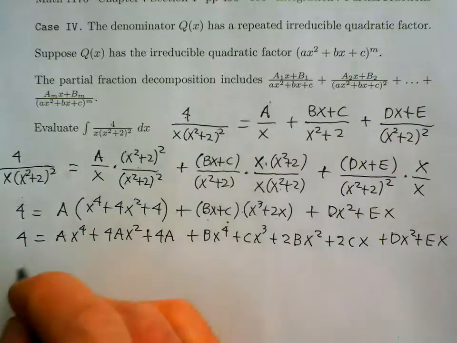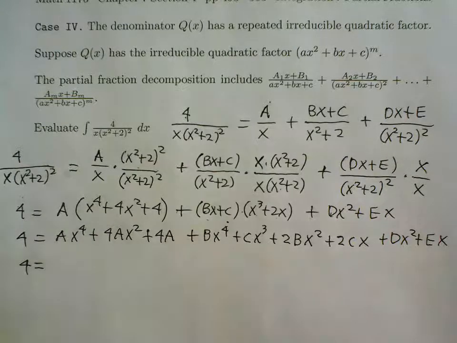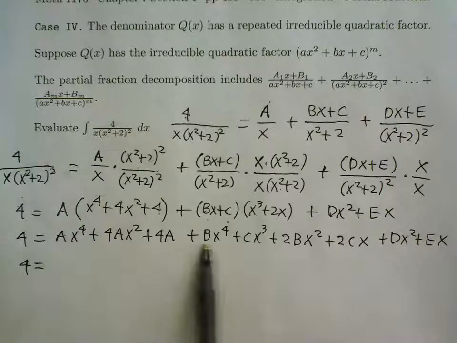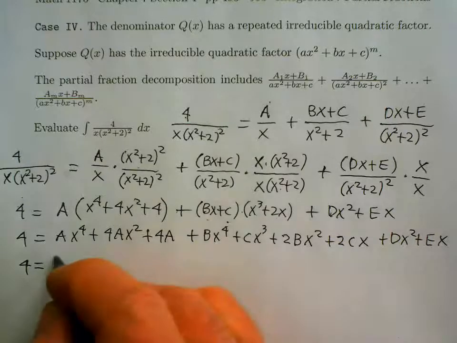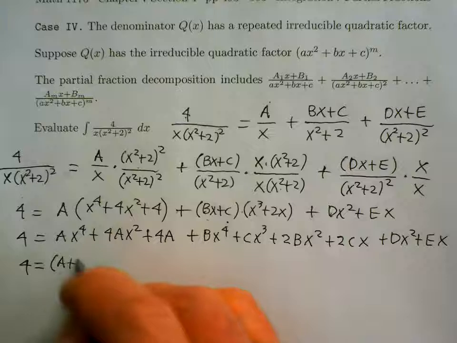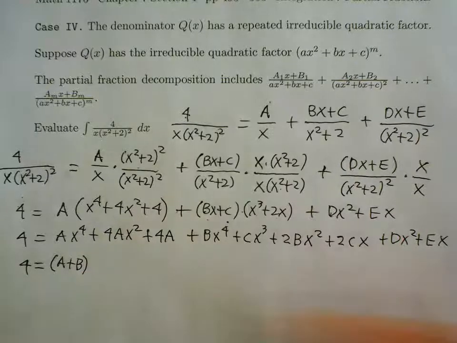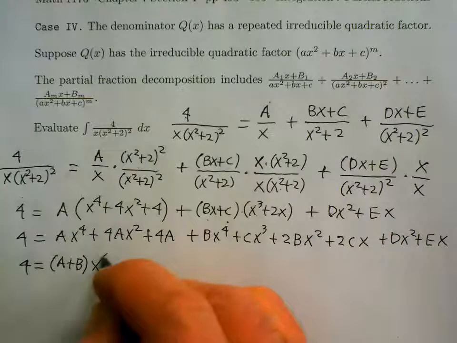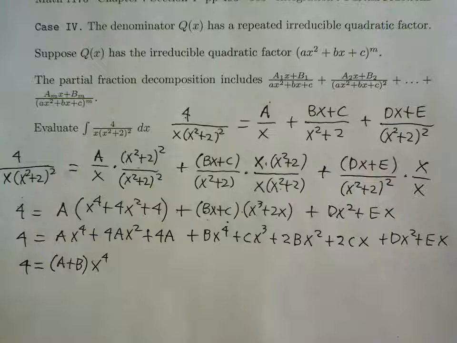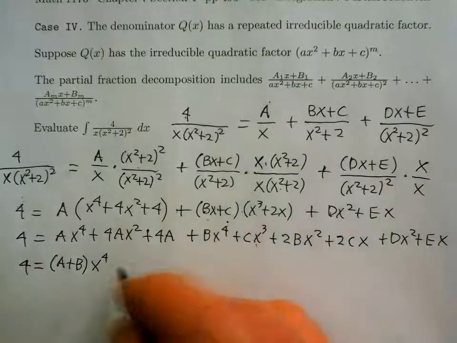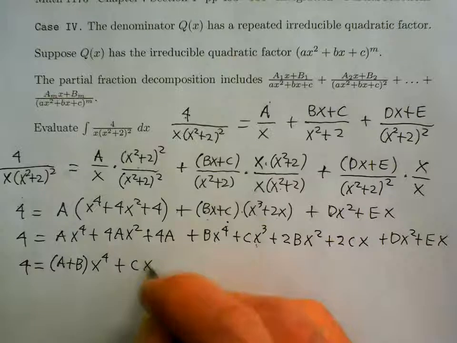Okay, in the next line, we can combine like terms. We have ax to the 4th plus bx to the 4th. We'll write that as a plus b, quantity multiplied by x to the 4th. There's only one x to the 3rd term, so plus c times x to the 3rd.